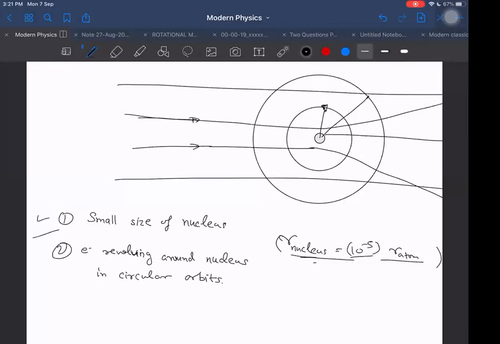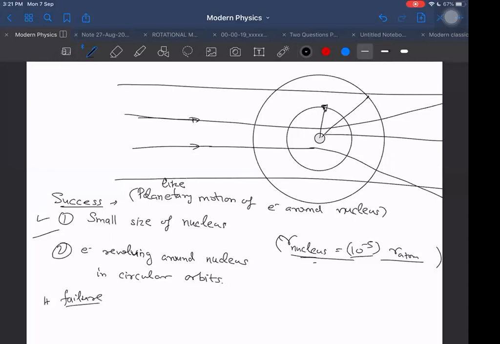What was the failure of this? The failure was the planetary atomic model, like the planetary motion of an electron around the nucleus.